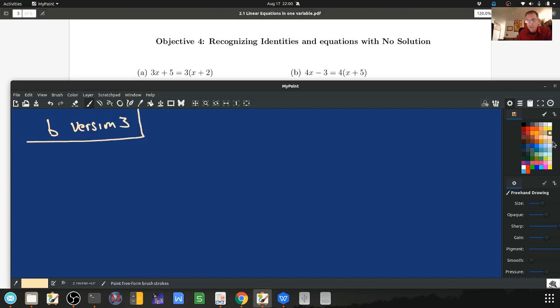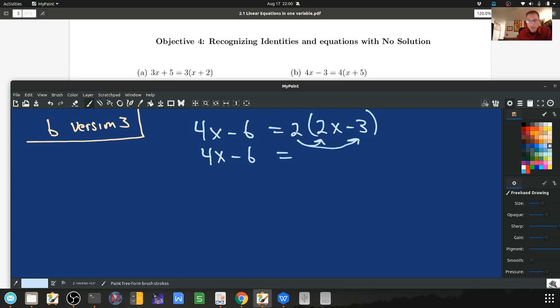So this is the literal version I wanted to do. 4x minus 6 is equal to 2 times 2x minus 3. Again, I'm not going to do anything on this side. And I'm going to use distribution. 2 times 2x is 4x. And 2 times minus 6 is minus 6.